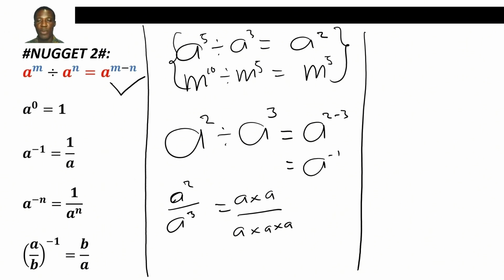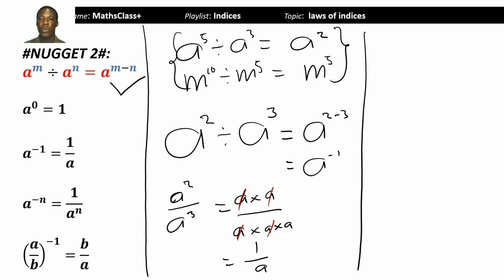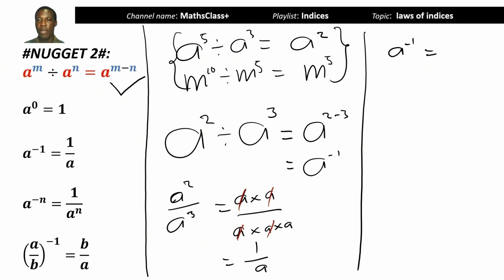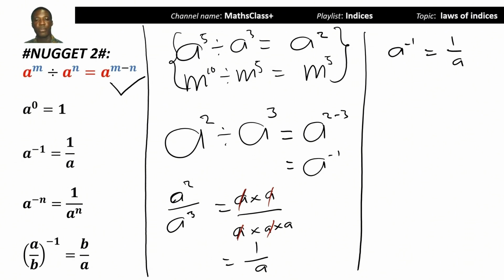When we do the cancellation, the numerator will be 1 and the denominator will be a. What it means is that a to the power negative 1 is the same as 1 over a. So that is something we should take note of. Are we good?